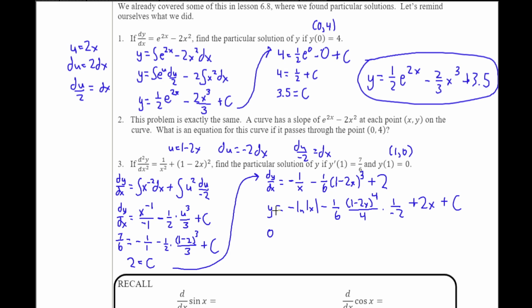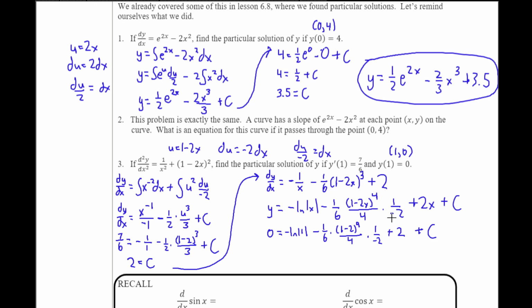So y is 0, equal to negative ln of 1 minus 1/6 times (1 minus 2) to the 4th over 4 times negative 1 over negative 2, 2 times 1 is just 2, plus c.